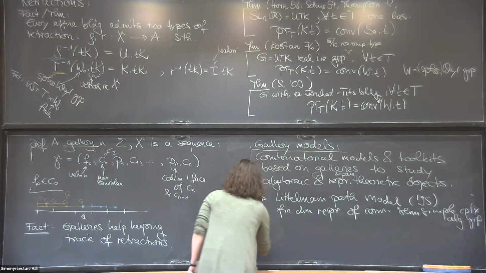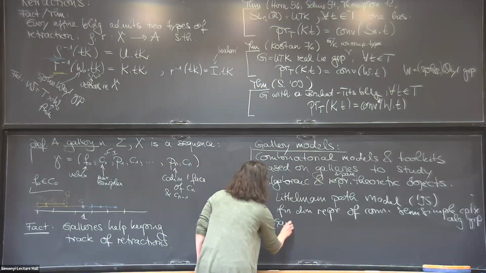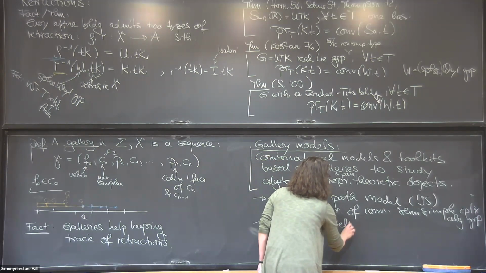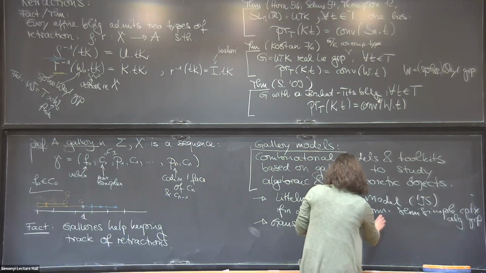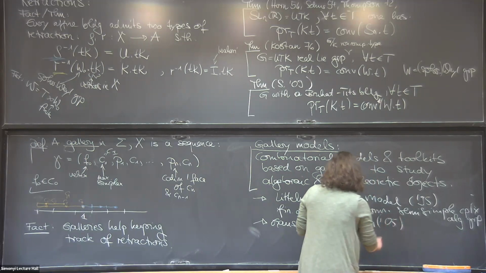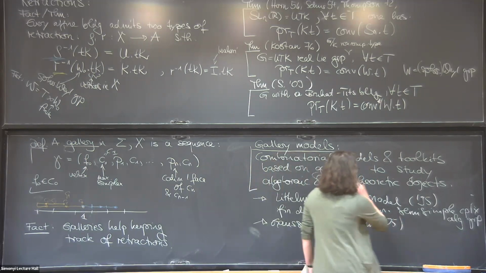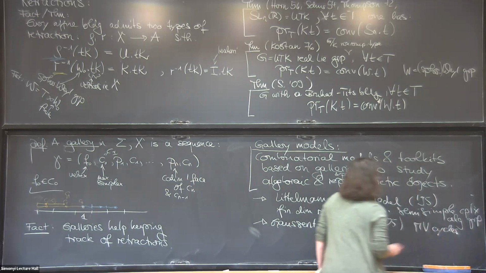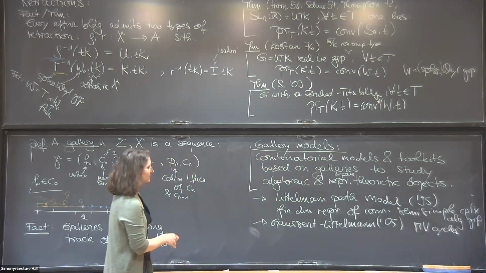There's Grassmannians, which a little bit later in, what did I write down? 05, used now galleries to explain, among other things, MV cycles, which are the Mirkovic-Vilonen cycles, and polytopes as well.